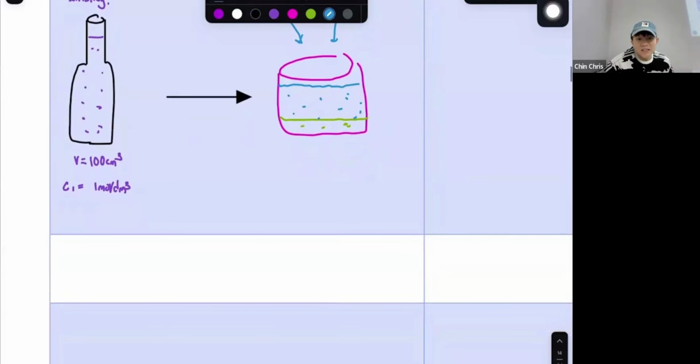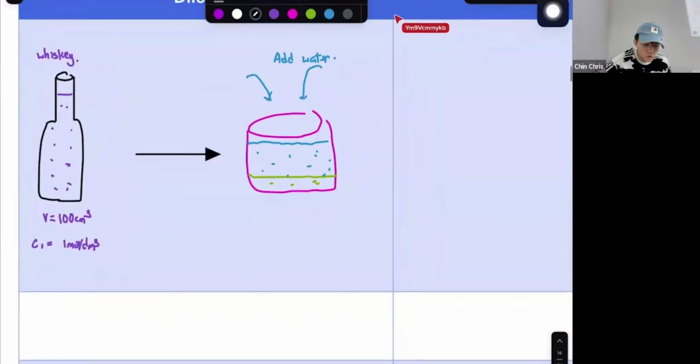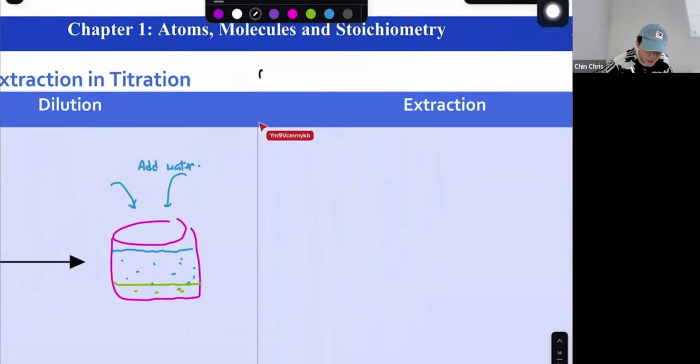All right, guys, now this is dilution. Can you tell me, for dilution, what changes? Does the mole change, or the concentration? Every time you look at dilution versus extraction, when you see the word concentration, understand it as how it tastes.